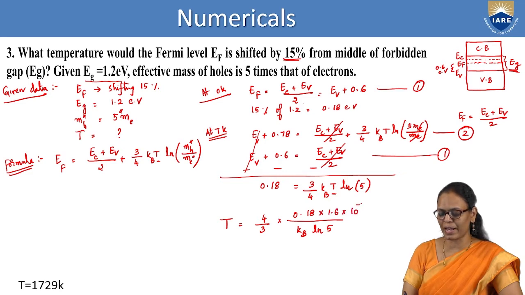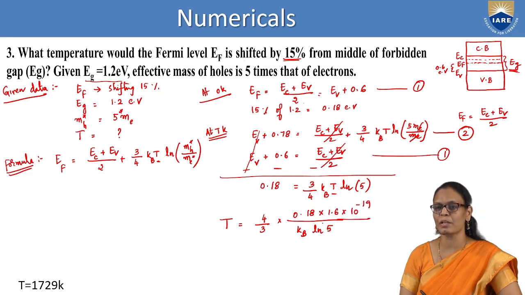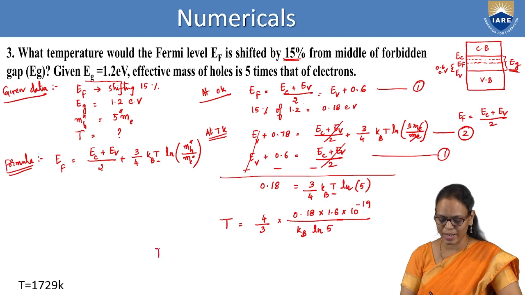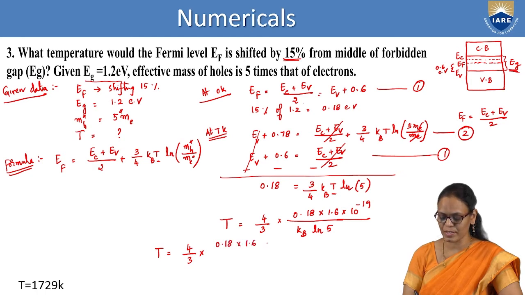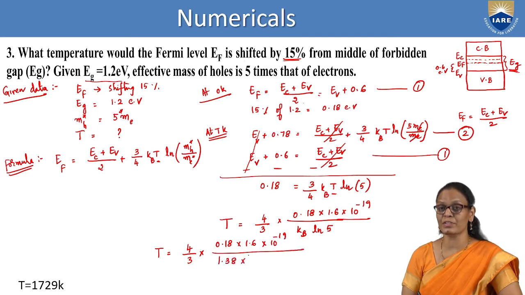I will multiply it with 1.6 into 10 power minus 19. So T is equal to 4 by 3 into 0.18 into 1.6 into 10 power minus 19. Now we are going to substitute the value of kB also: divided by, what is the value of kB? 1.38 into 10 power minus 23 into ln 5.